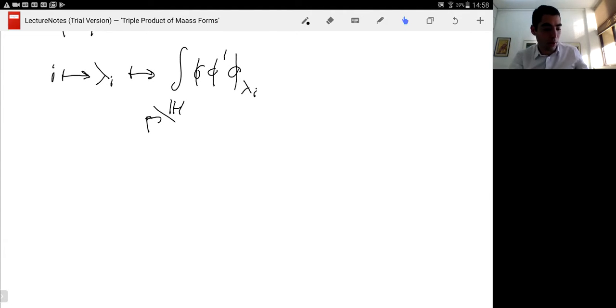And there are also extrinsic reasons to be interested in this formula, namely that it's related to special values of L functions.